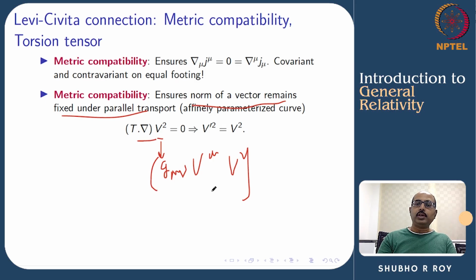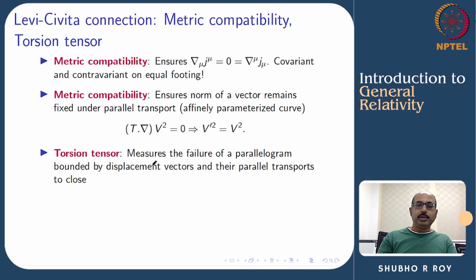It will give you three terms. Two of them will vanish due to the fact that there's a parallel transport, but the third term will not vanish unless you take del_mu of g to be 0, when this T dot del will act on g. So please do it as a homework, as a simple exercise, that in order for the norm of a vector to remain conserved along parallel transport, one must have a metric compatible connection.